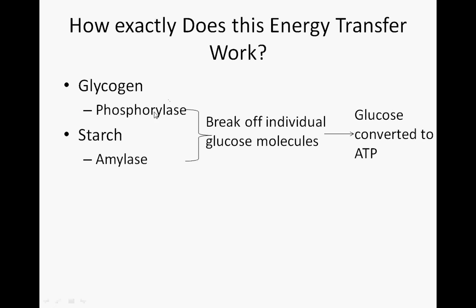In the case of glycogen, it's a phosphorylase. In the case of starch, it's something called amylase. These enzymes break off individual glucose molecules, so make a withdrawal from the bank, if you like. Those individual glucose molecules are then converted to generate ATP through a process we'll go through in a few clips from now.